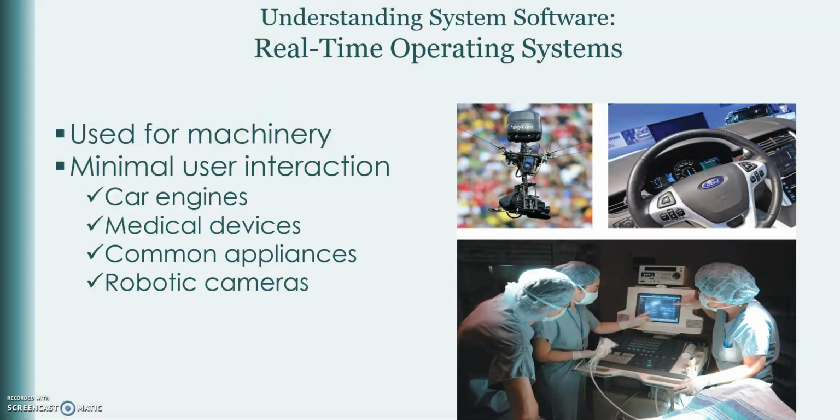Those have to have precise results, right? You're also going to see these real-time operating systems in devices like fuel injection systems in your car engine, and also some common appliances. So you might hear the term embedded systems. This is referring to this type of stuff as well.